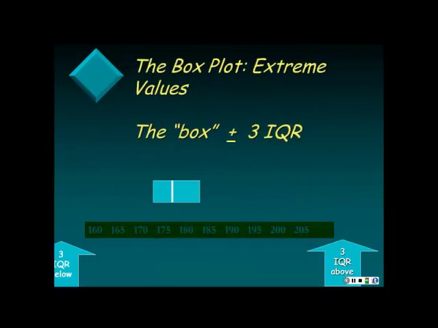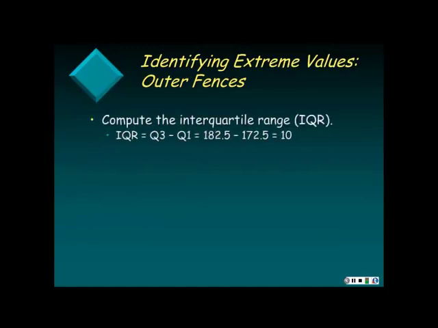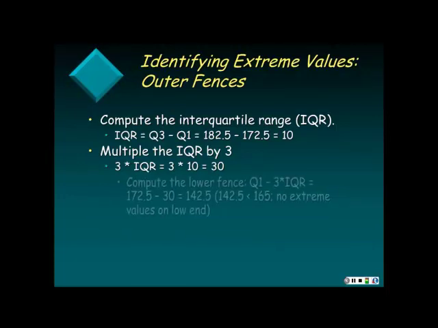Extreme values will go 3 IQRs above and below the box. These will be outer fences, or just the cutoffs for extreme values. So we've got the IQR again, that's 10. Multiply that by 3, 30. So we're going to go 30 above the box or 30 below the box to identify extreme values.